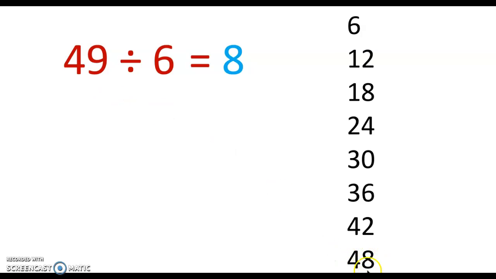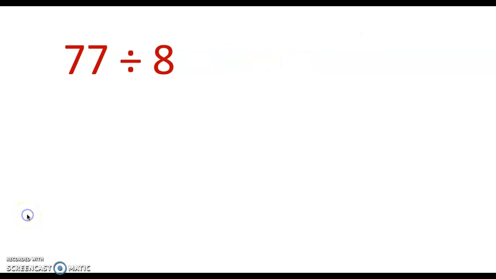No, we didn't. We only went up to 48. So then we need to see what our remainder is. So 48, 49. How many numbers do we have left over for our remainder? Yeah, we only have one left over. Let's try another one.